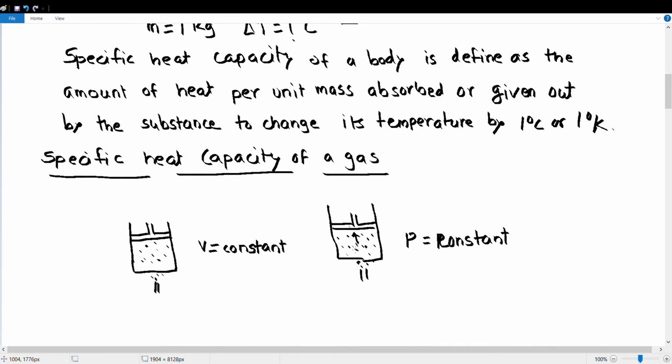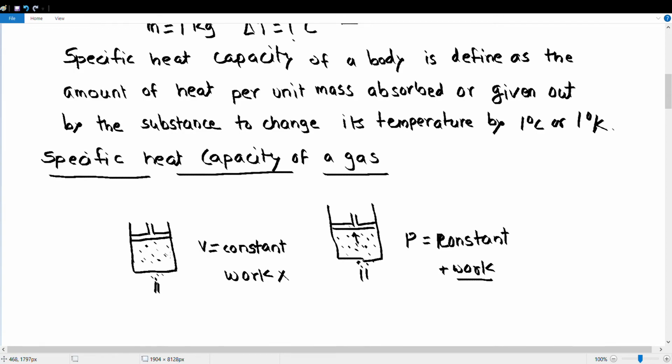So in this case an additional work is done, but in the other case no work is done. Work done by the gas in that case is 0.